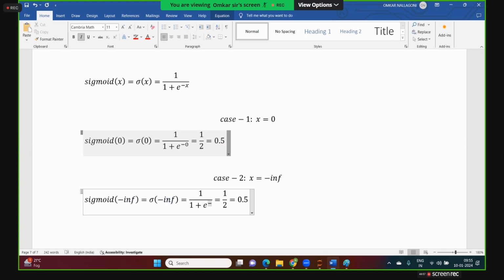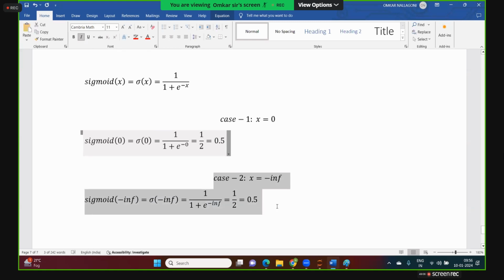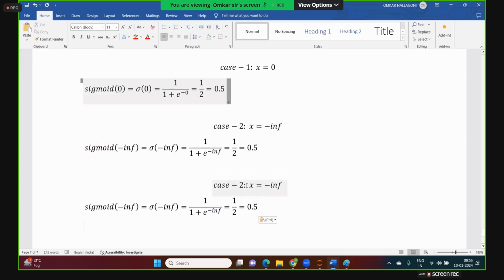E power minus infinity becomes 0, so it is 1 plus 0, which becomes 1. Which one is reverse? Minus.